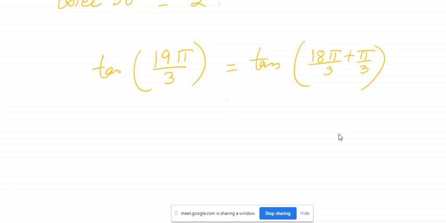So you get 6 pi plus pi by 3. The multiple of pi is even, so it stays in the first quadrant, and the value will be sine pi by 3. And pi by 3 is how much? 60 degrees. So sine 60 is root 3 by 2. These are much easier than the other ones.